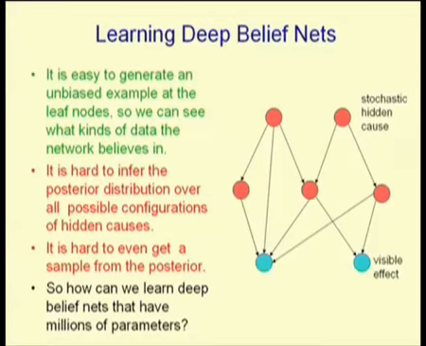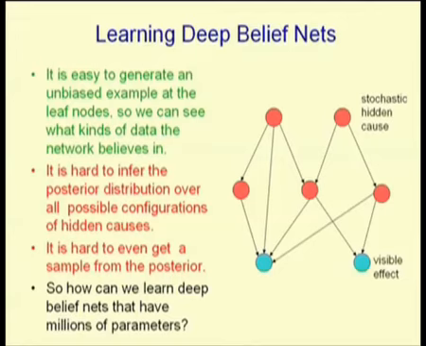Then knowing the states of these two units, I decide whether this one should be on or off. This one may also have a bias. And in parallel, I can decide whether these ones should be on or off. And then knowing the states of all these three, I can decide in parallel whether these ones should be on or off. So I can generate a binary observed vector. And I can do it again, and I'll typically get a different answer because it's stochastic. And so it's very easy, by doing what's called an ancestral pass, just a down pass in this net, to produce samples of what the model believes in.